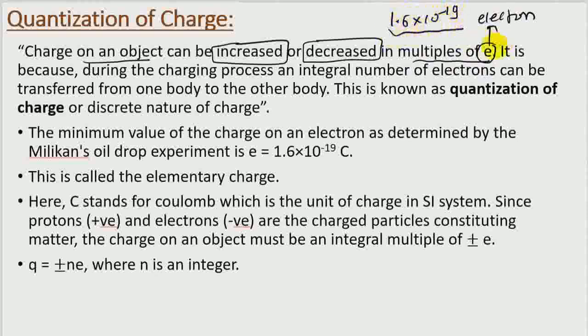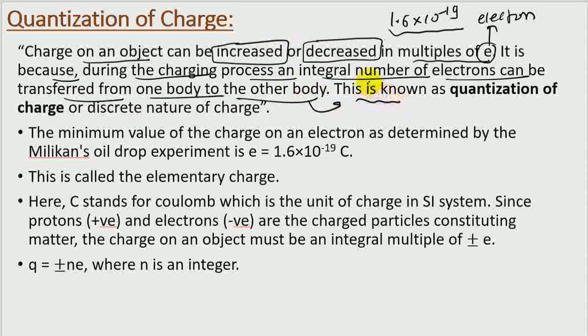So e is the fundamental unit of charge, because during the charging process an integral number of electrons can be transferred from one body to another. This is known as quantization of charge, or otherwise the discrete nature of charge.